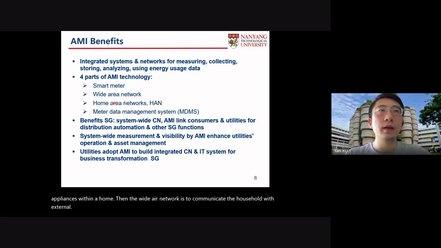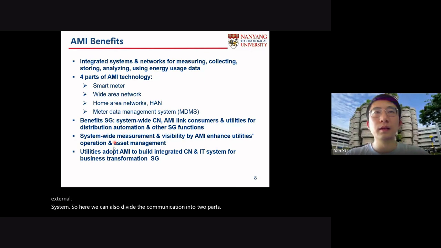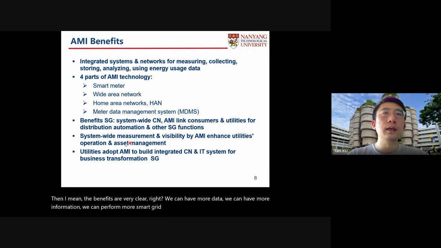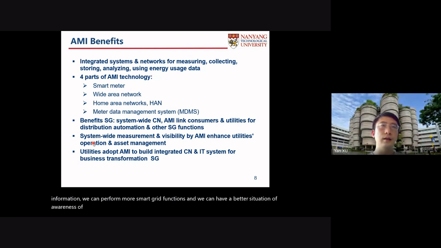So we can divide the communication into two parts. Then the benefits are very clear. We can have more data, more information, we can perform more smart grid functions, and we can have a better situational awareness of the customer, the increased visibility. It can also support systems operation, asset management, and so on.